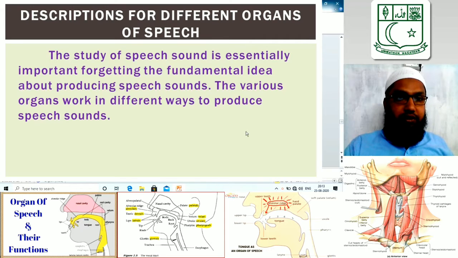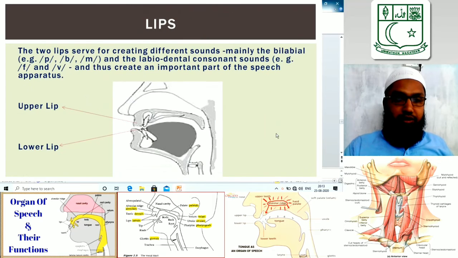Now my dear students, we shall see the descriptions for different organs of speech. The study of speech sound is essentially important for getting the fundamental idea about producing speech sounds. The various organs work in different ways to produce speech sounds. Now first one is lips.